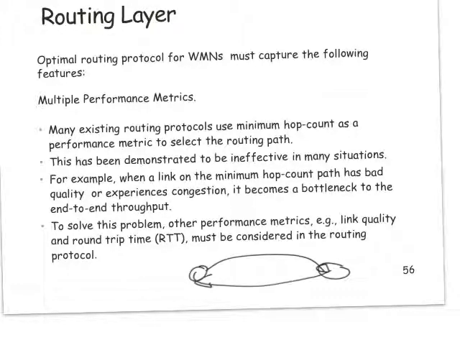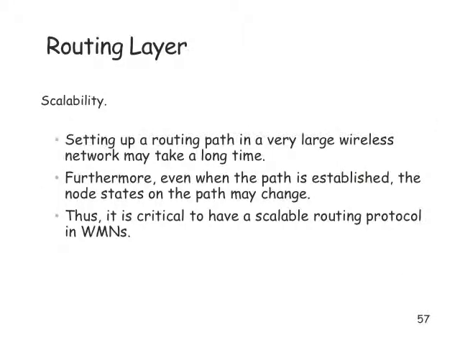But now I have to do some measurements. This is different from the routing messages. I have to do measurement for the round trip time in order to calculate the metric. So that's one thing that has to be considered for any routing protocol.